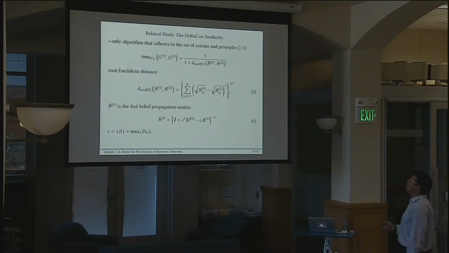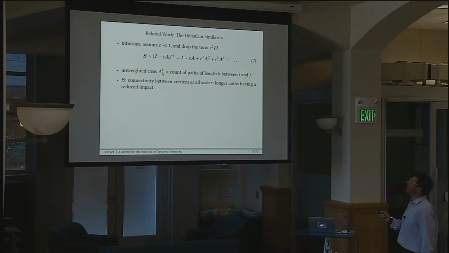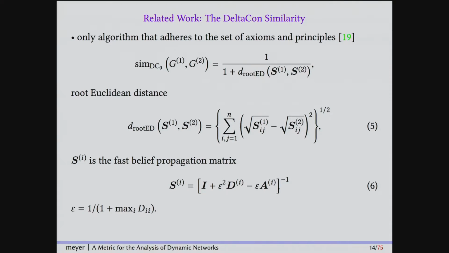So what we do is we compute this distance. When S1 and S2 look alike, in the sense that they share many paths, the distance is going to be small, and that means the similarity is going to be large. So a similarity of 1 means the two networks are extremely similar, and that corresponds to a distance that is very small.